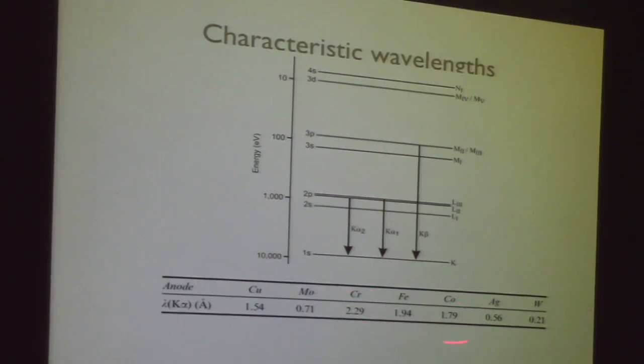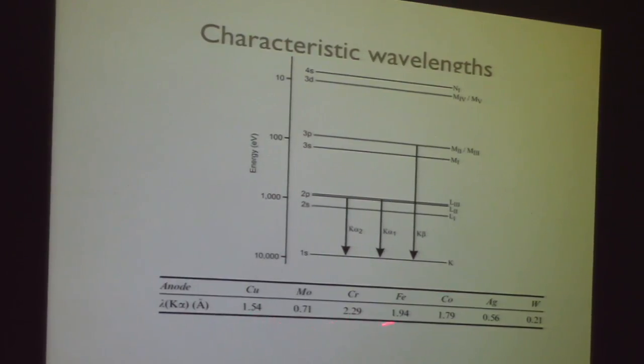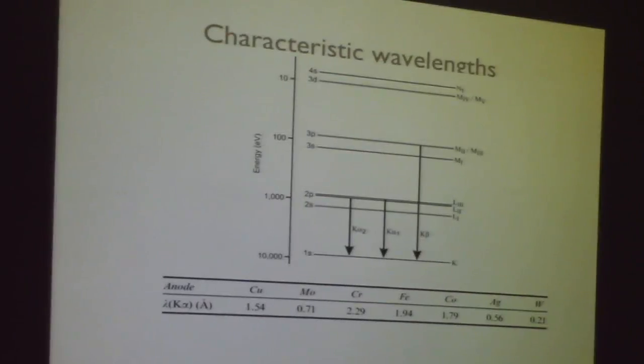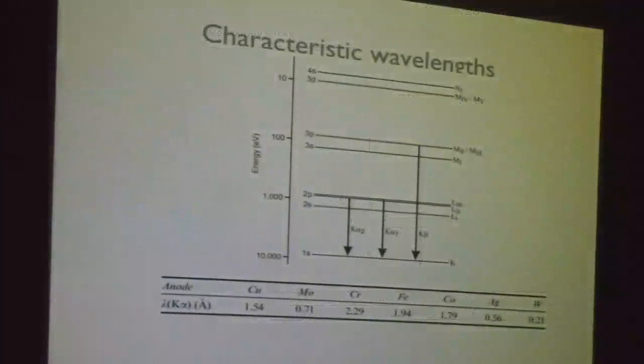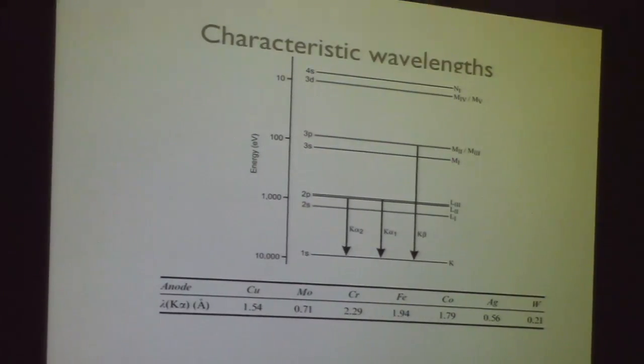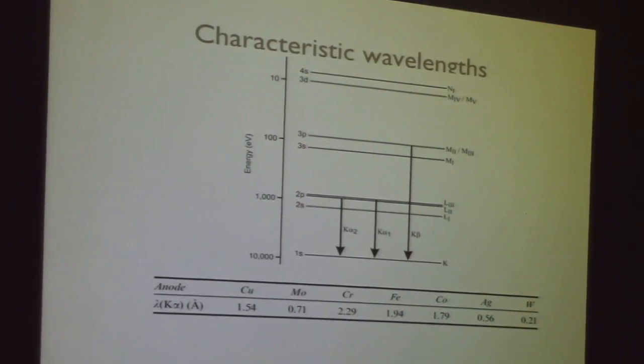You might ask, if you've got copper, why would you use one of these? It's because X-rays of these wavelengths are sometimes very strongly absorbed, and you might be looking at a material which contains an element that is strongly absorbed, in which case you have to switch. But nearly all the time we're using copper, until we want short wavelength X-rays, and that's what we need for PDF.